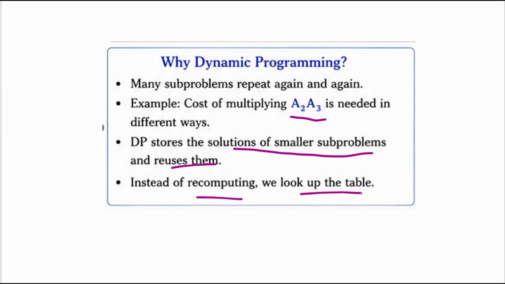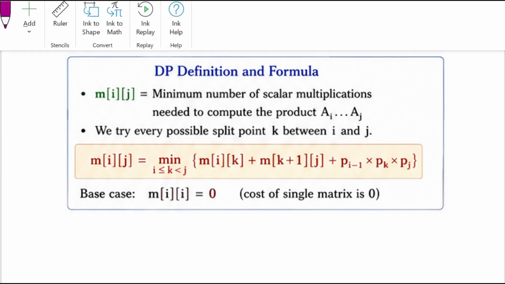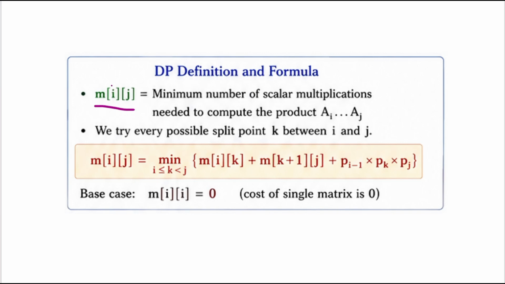Okay, clear? So this is the formula to calculate matrix chain multiplication using the DP method. Here M[i][j] means the minimum number of scalar multiplications for multiplying matrix Ai through matrix Aj. We try every possible split point k between i and j. This is the formula used to fill the values in the dynamic programming table.